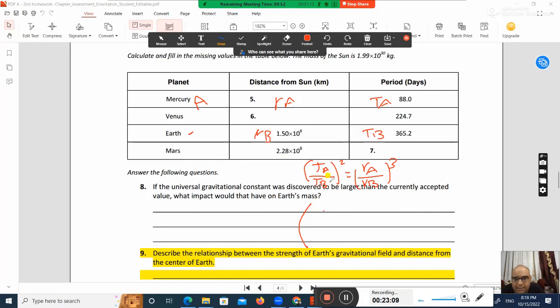TA is 88 divided by 365.2, all of this squared, equals RA, which is unknown, divided by 1.5 times 10 to the power 8, all cubed.